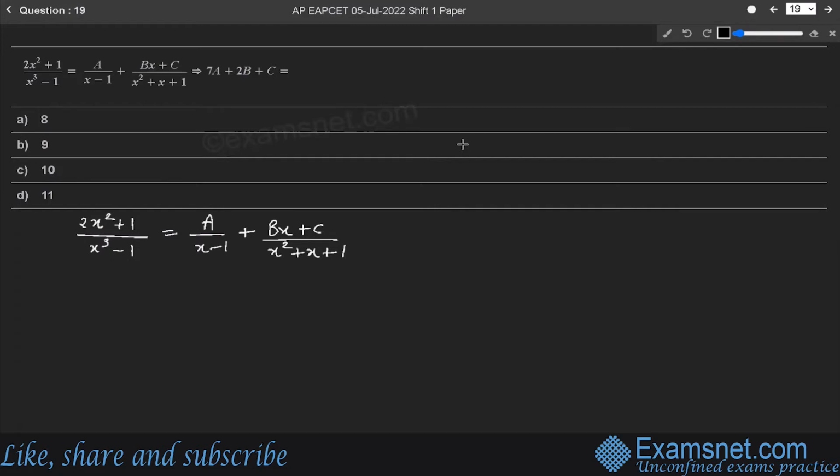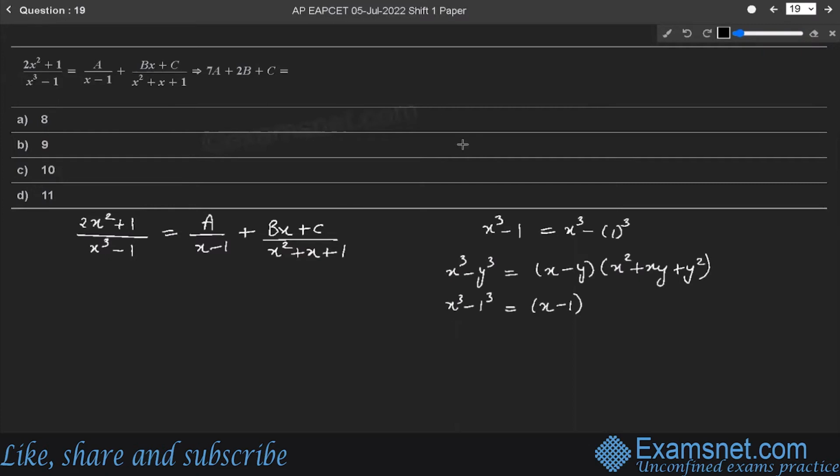You can see that in the left hand side, the denominator is x^3-1. It can be written as x^3 minus 1^3. There is a formula for x^3 minus y^3, which is (x-y) into (x^2+xy+y^2). So, x^3 minus 1^3 can be written as (x-1) into (x^2+x+1).